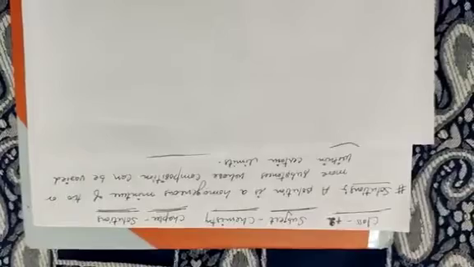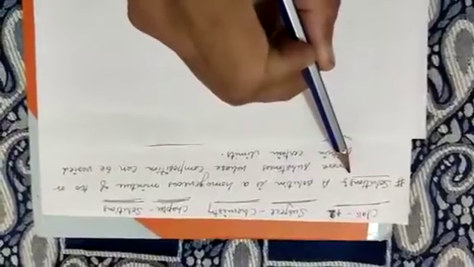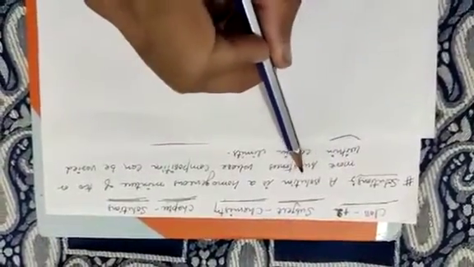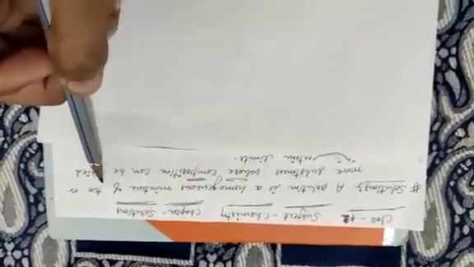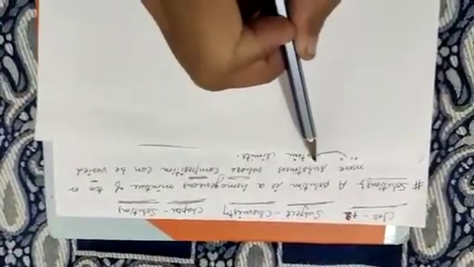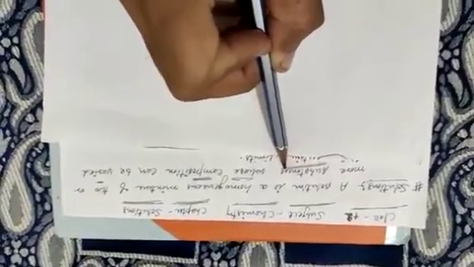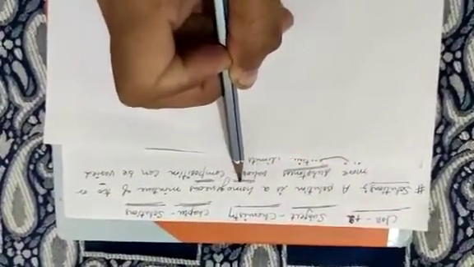The subject is chemistry, and the chapter name is Solutions. First of all, the definition: what are solutions? A solution is a homogeneous mixture of two or more substances. It means when two or more substances mix together thoroughly, it is a homogeneous mixture.